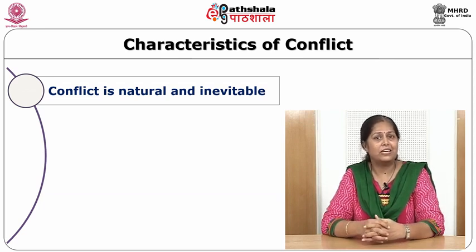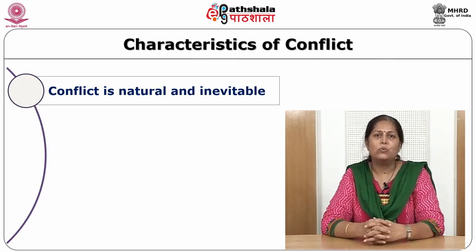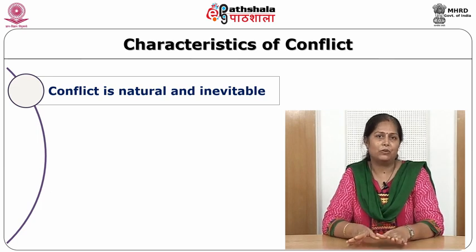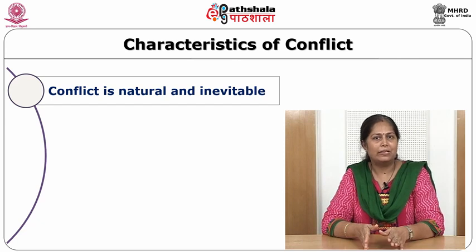So that is why it is a natural phenomenon and it is inevitable. Inevitable means one cannot avoid a conflict situation. There are some strategies to resolve conflict, but one cannot prevent conflict. It is bound to happen, that is why it is inevitable.